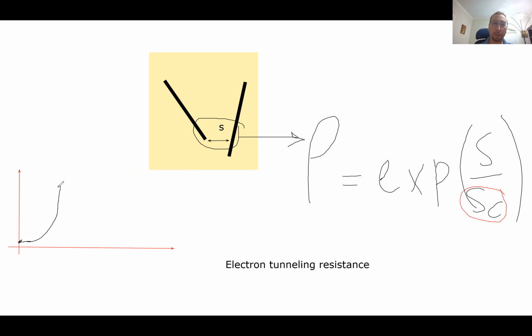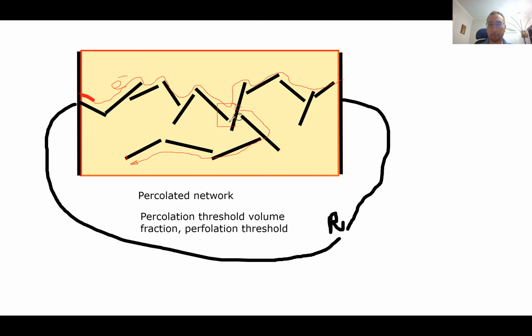And in a log scale, at some point you get something like this. It's not changing that much, because when the spacing between them becomes so small that they're touching each other, that contact resistance doesn't change much.